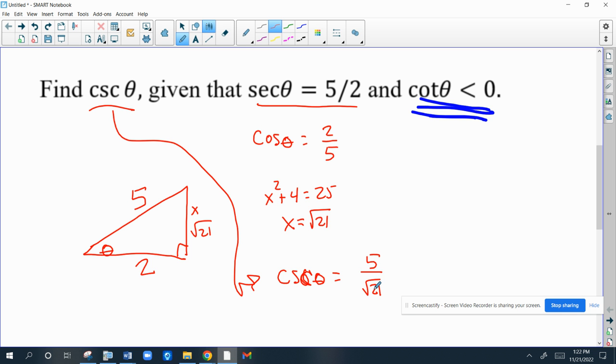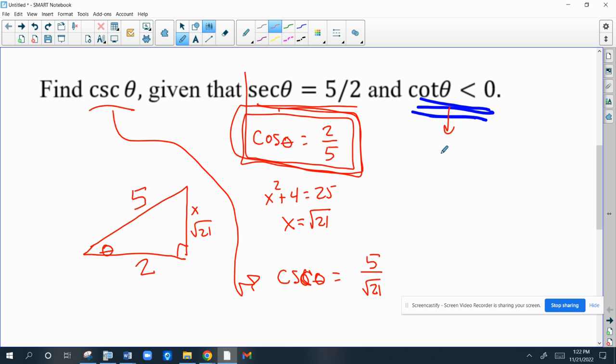Now we have to figure out if that's positive or negative. From sine, cosine, and tangent, either they're all positive or only one of them is positive. We already know, based off secant being 5/2, that cosine is positive. And it says cotangent is negative.